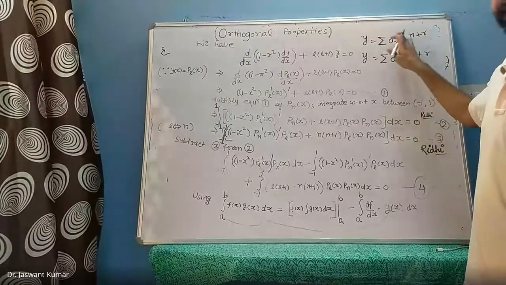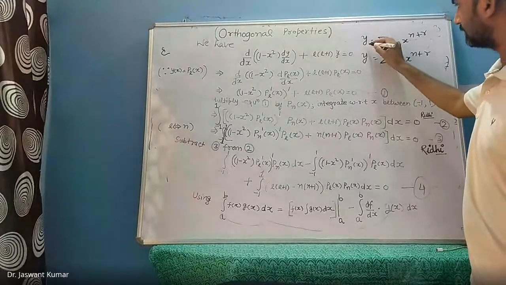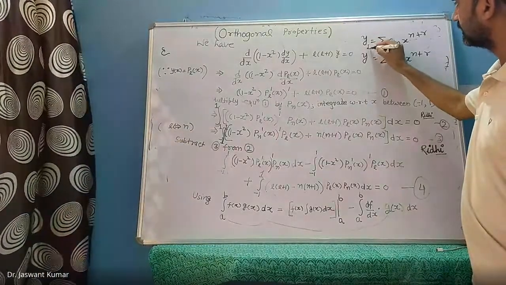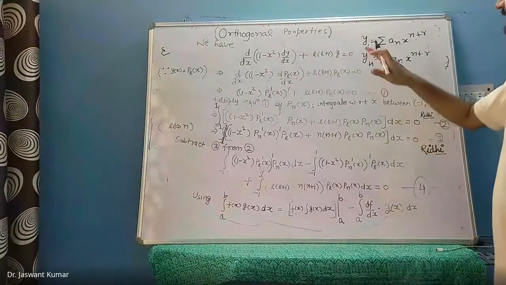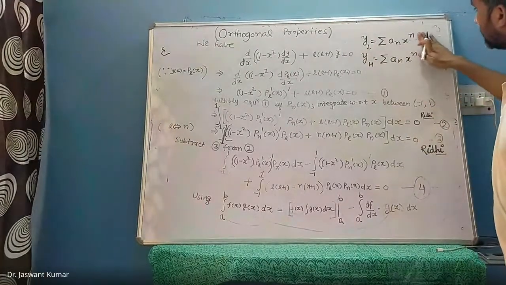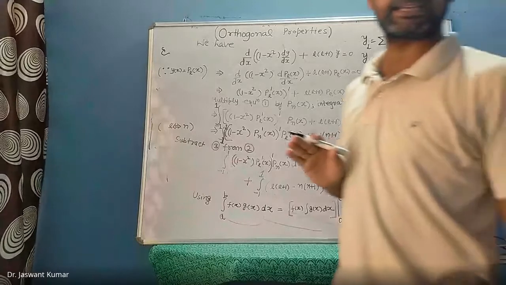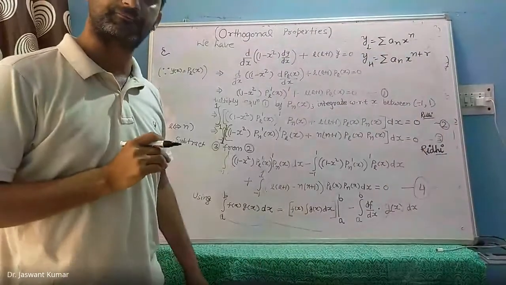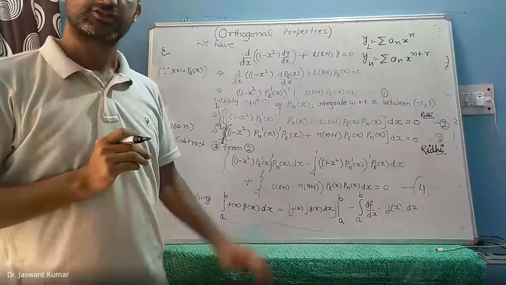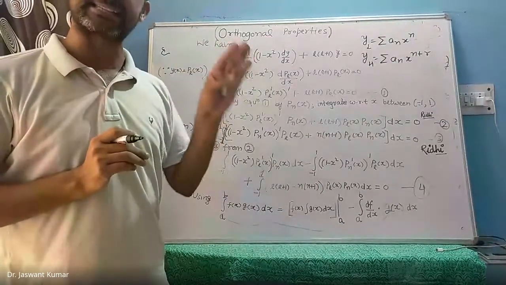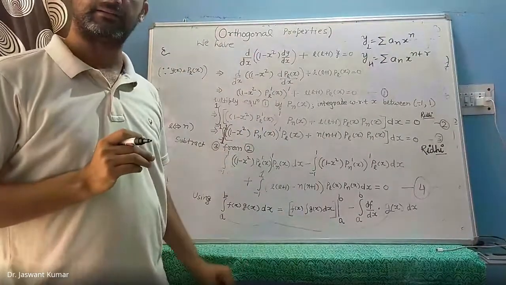It could have been this, y Legendre and y Hermite. Both of them could have been like this, but this makes our job mathematically a lot easier if we take it as a n x to the power n instead of a n x to the power n plus r. So this is only for mathematical simplicity that we take it.